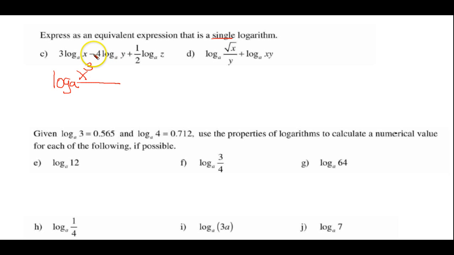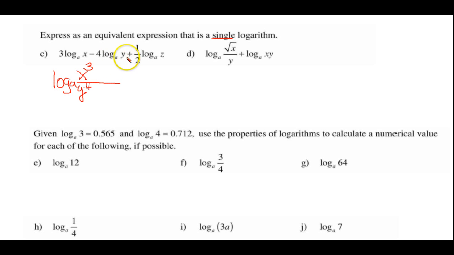Now here it's a negative, so that's going to go in the denominator as an a to this 4 here. So the negative is what brings it down to the denominator, and then the 4 is the exponent of the, not the a, the y. The a is our base, and we already have that there.